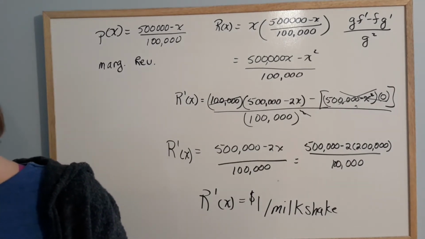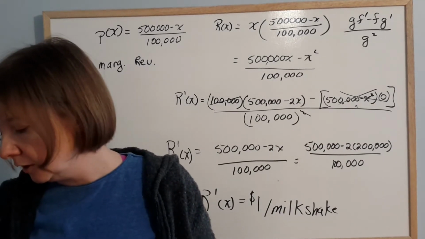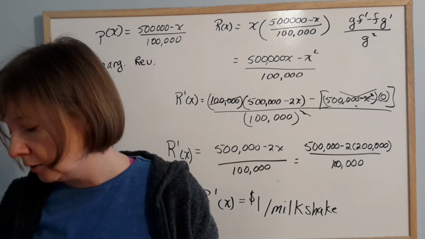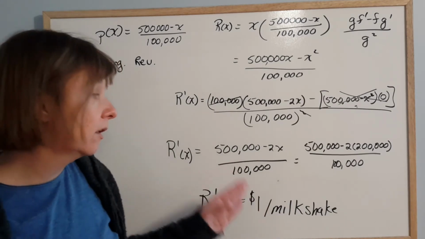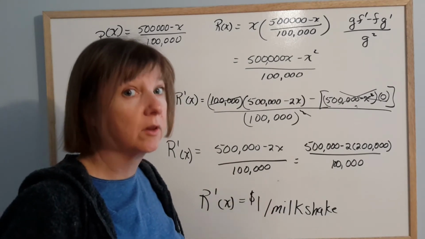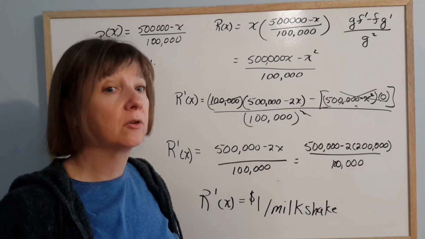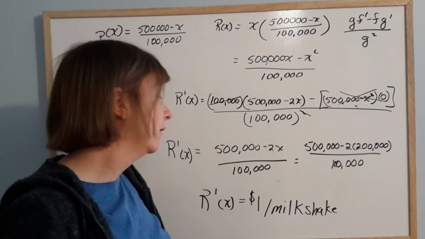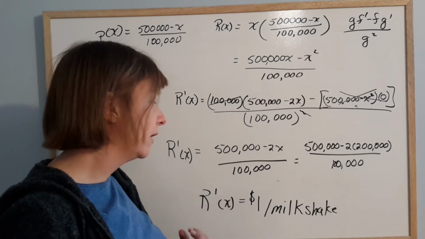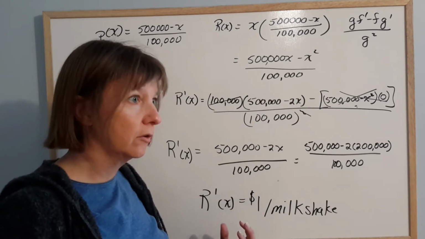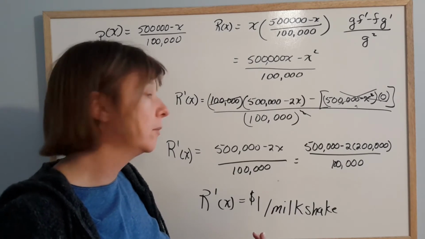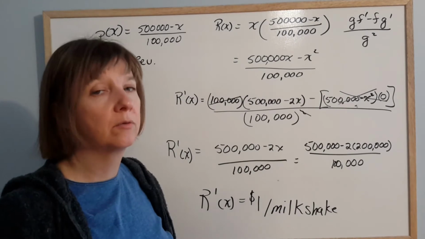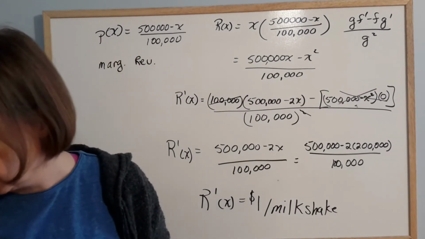So it says it represents the approximate additional income to the company per additional item sold. So it doesn't mean that they're selling their milkshakes for $1 and they're getting a revenue of $1 per milkshake. It means it's increasing by $1 at that point. So if before they were making $6 on a milkshake, now they're going to make $7 because the rate of revenue is increasing by $1 per milkshake.